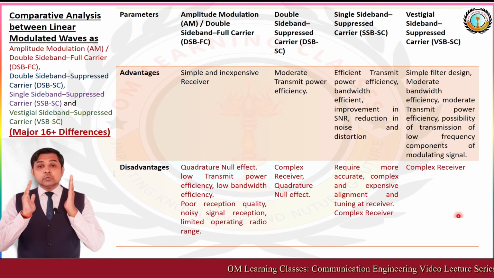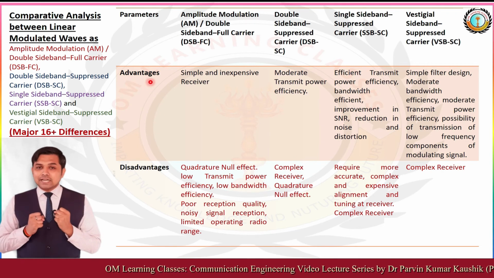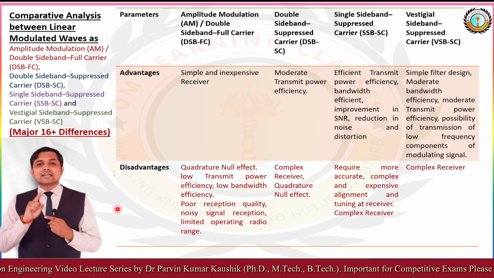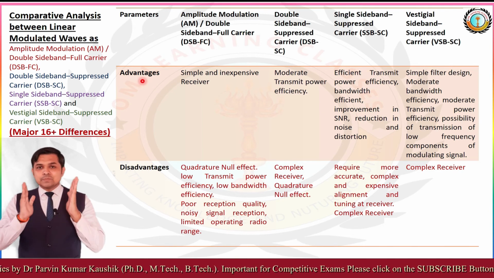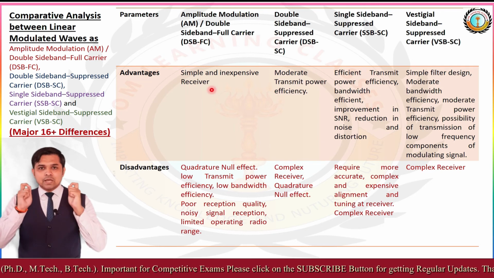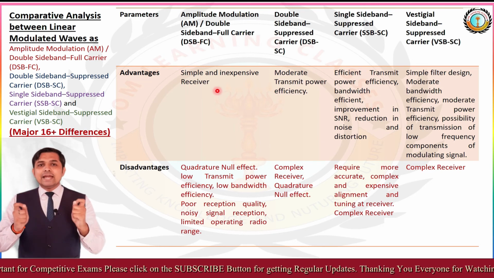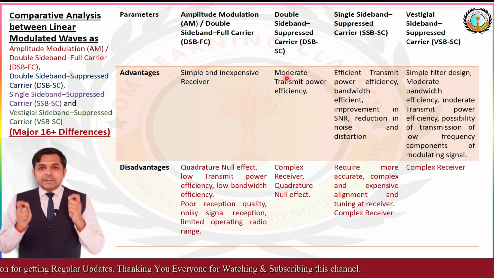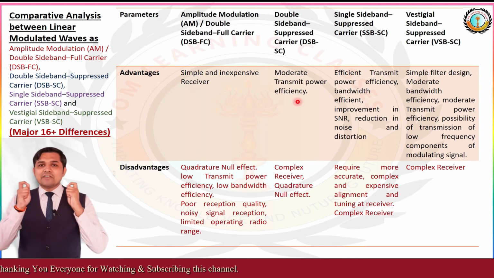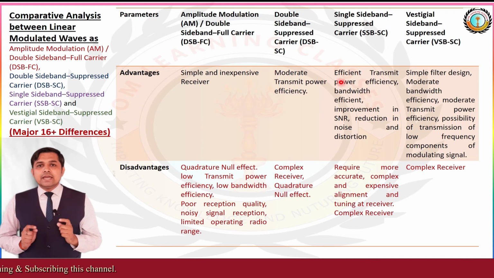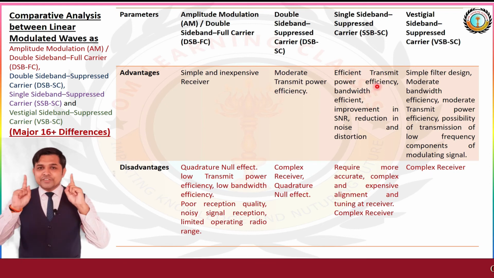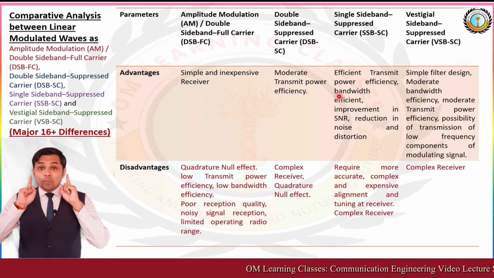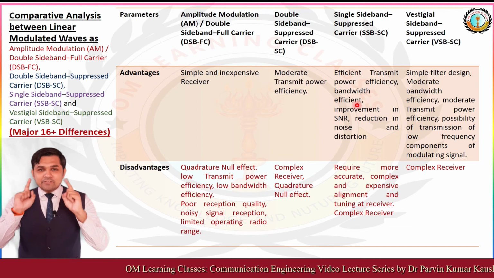Now, if we conclude our comparative analysis and figure out the advantages and disadvantages, firstly we consider advantages. In DSB full carrier or AM, the biggest advantage is a simple and inexpensive receiver. And in DSB-SC, moderate transmit power efficiency. And in SSB-SC, it has the most efficient transmitted power efficiency and most efficient bandwidth scheme.